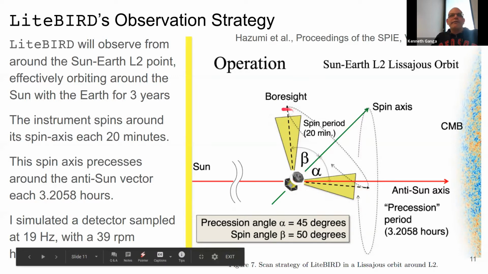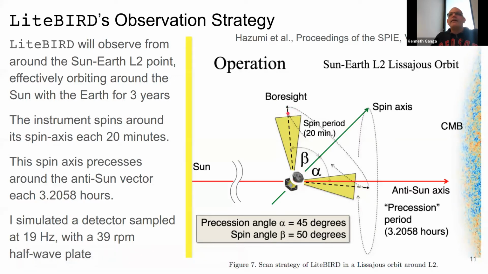The half wave plate spin is 39 revolutions per minute. And the detectors themselves are sampled at 19 hertz. I don't have the computing power or the will to simulate all of the detectors, so I just simulated one detector at each frequency and tried to make extrapolations from that.